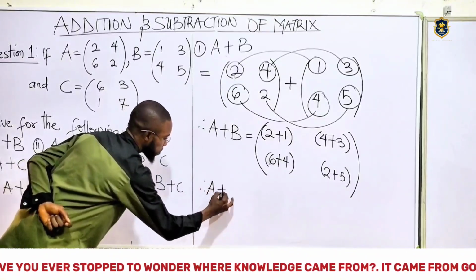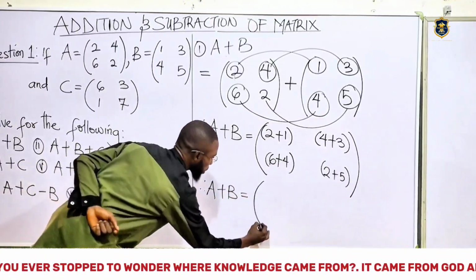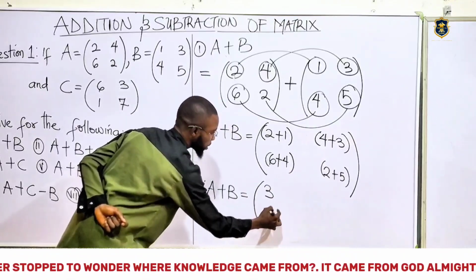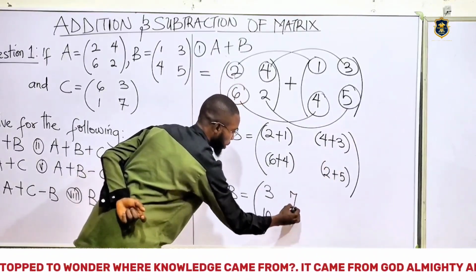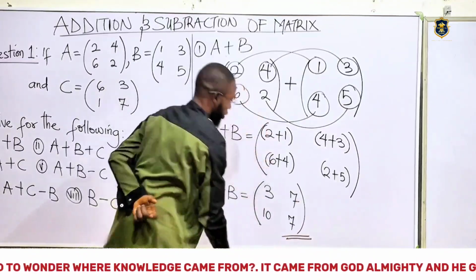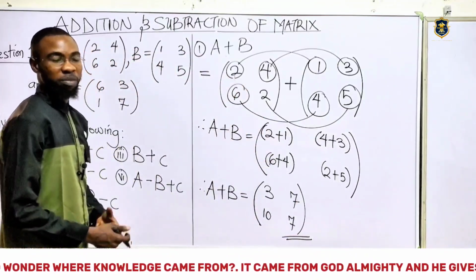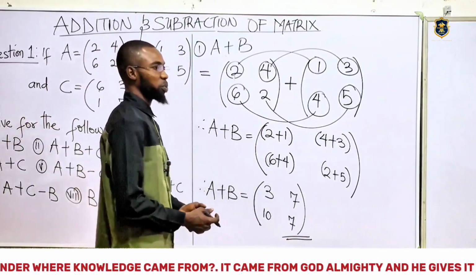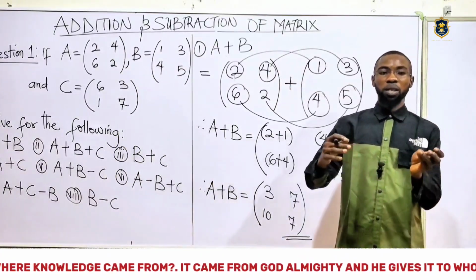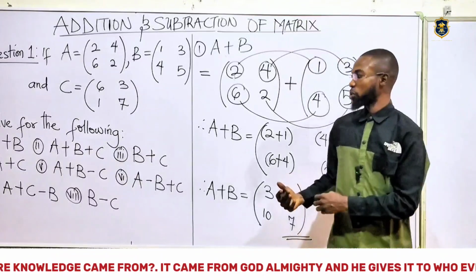Our A plus B will simply be 2 plus 1 being 3, 6 plus 4 being 10, 4 plus 3 being 7, and 2 plus 5 being 7. That's the addition of A plus B. See how easy it is? If you're adding matrices, you're just adding the elements, as with solving equal matrices. So that's the simple answer.